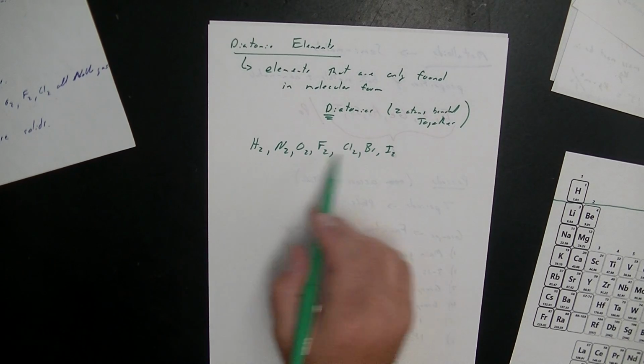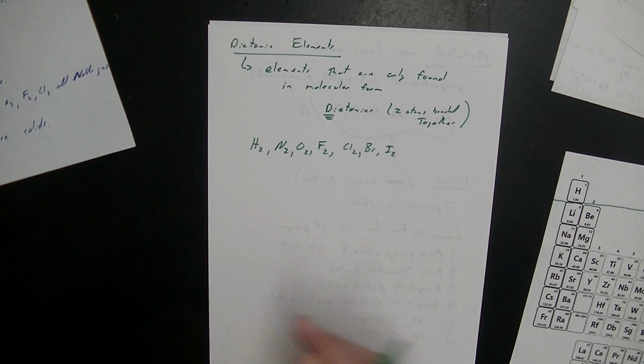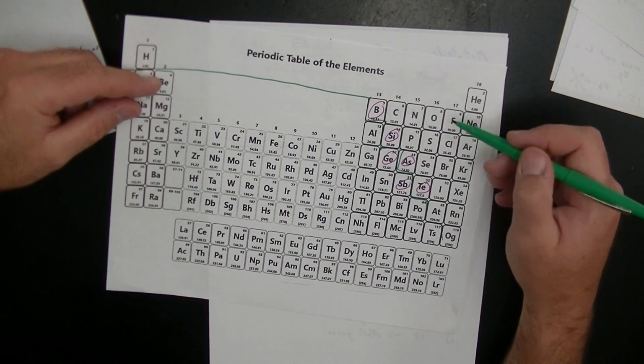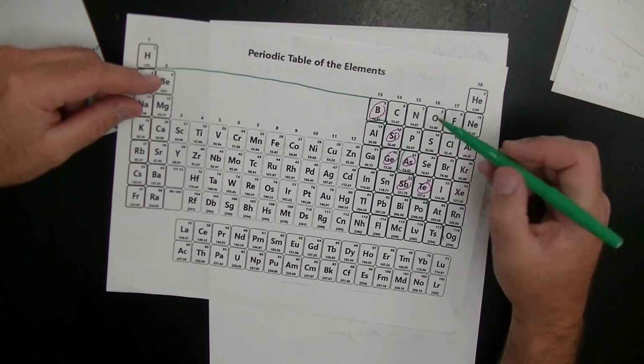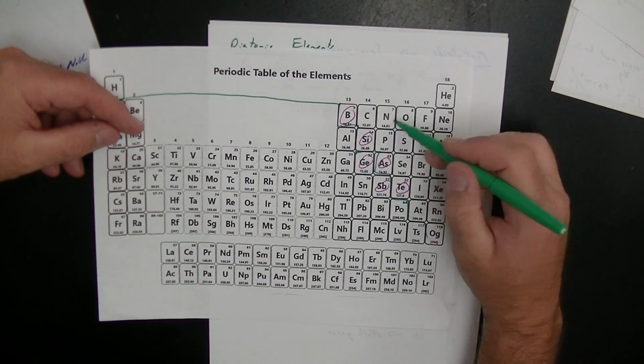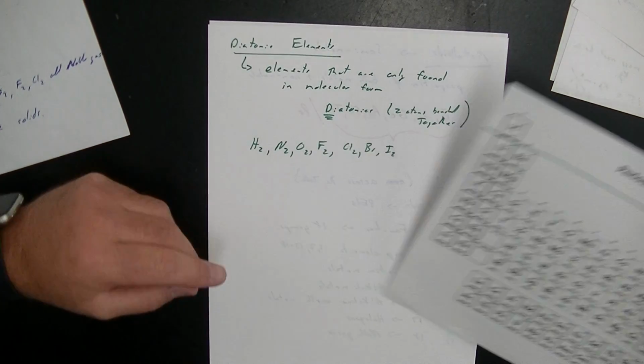So that's one acronym some people use to remember what they are. You probably just remember most of the diatomics are in group 17. There are a few others. So they form a 7, except for hydrogen. Make sure you know these.